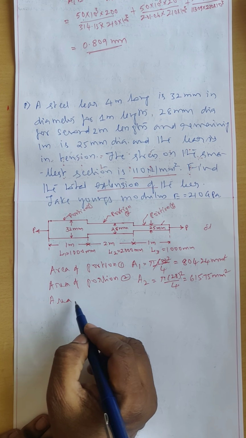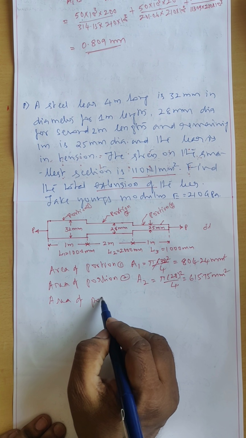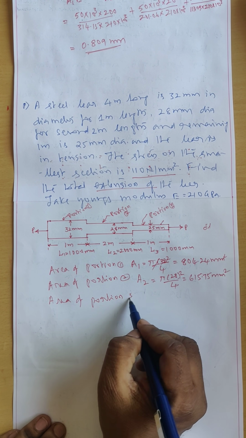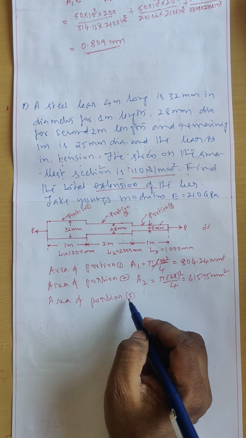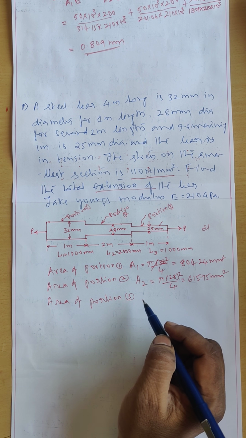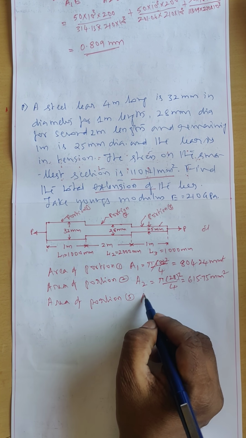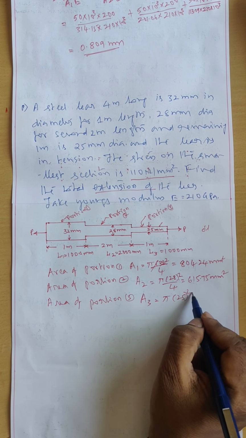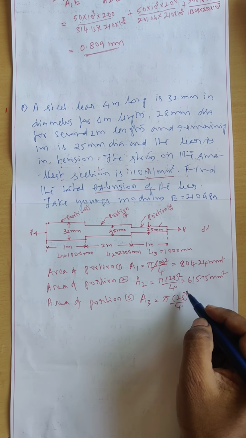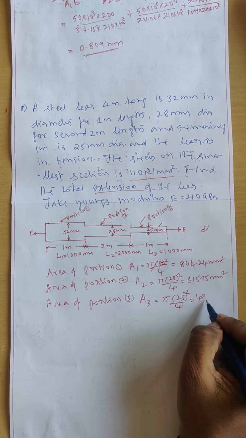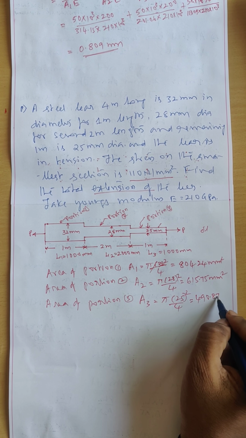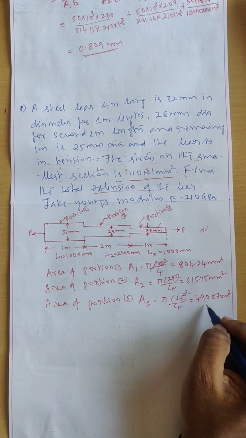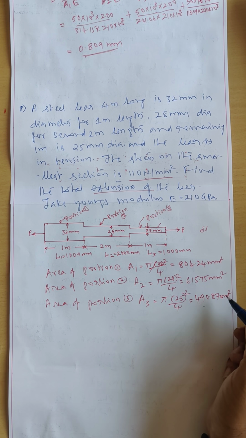Similarly, area of portion 3, A3 equals pi into 25 square by 4, it is 490.87 millimeter square. We calculated areas of all the bars.